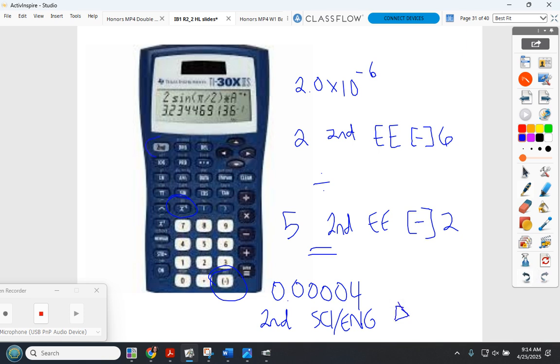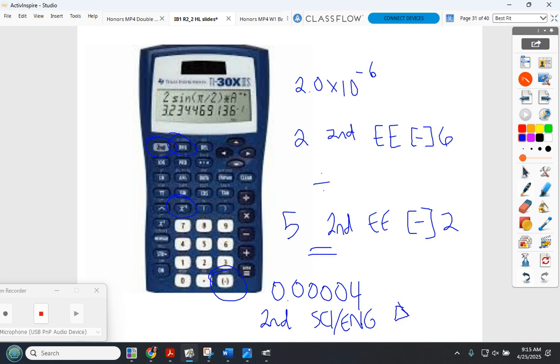So you're going to go second, and then this button goes between float, scientific, and I forget, engineering. I actually don't even remember what the engineering version does. I could probably dig it up if I thought about it long enough, but I never use it.